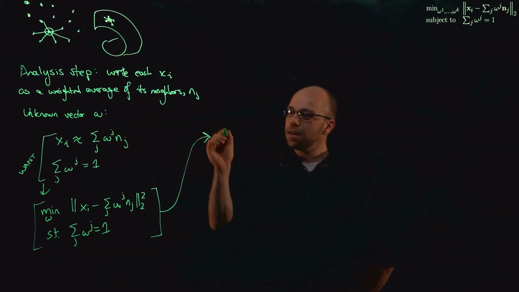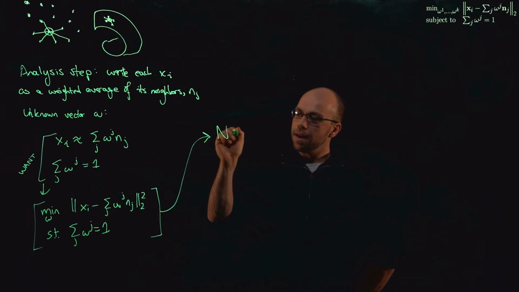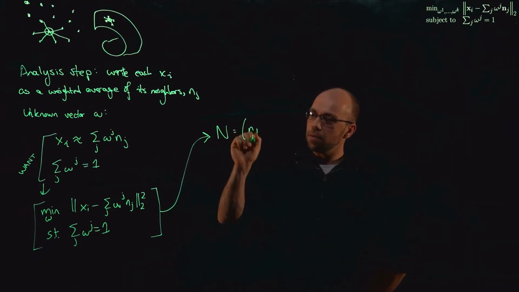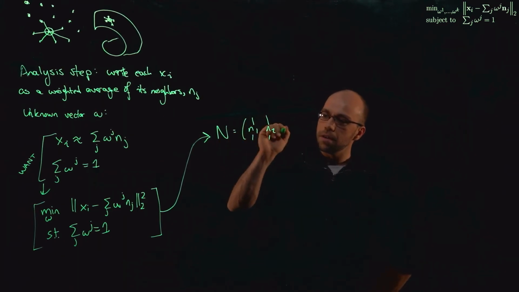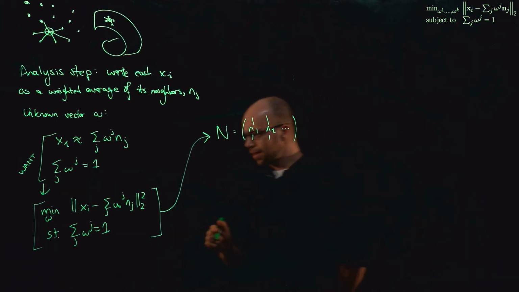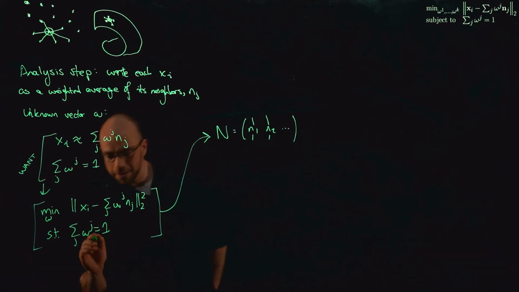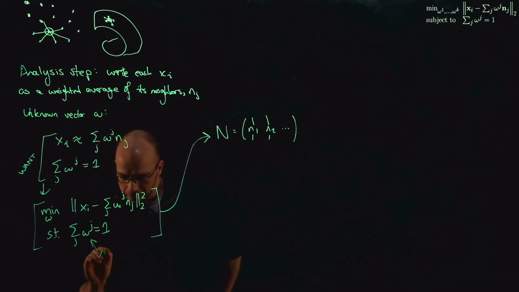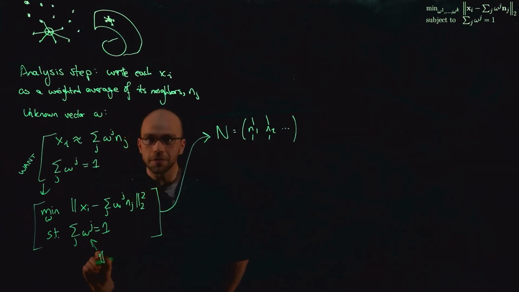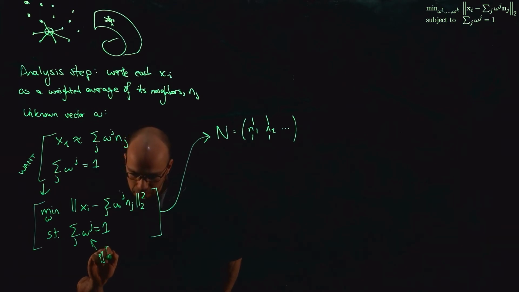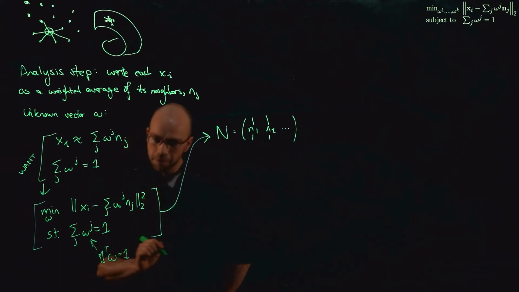For one, we can write down N to be the matrix of neighbors, n_1, n_2, and so on, like that. We already have that omega is a vector, right? So for instance, this constraint here is the same as saying that the vector of all ones dot product with omega is equal to 1, if we want to be slick about it.